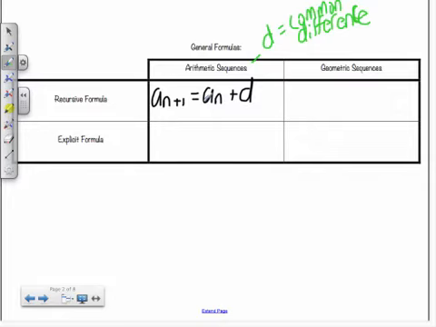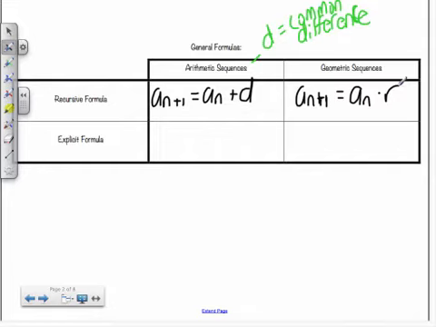So a geometric sequence is going to be a sub n plus 1 equals a sub n multiplied by r. This is n plus 1, just so that you know. Because remember, with geometric, you're not adding the same number, you're multiplying by the same number.